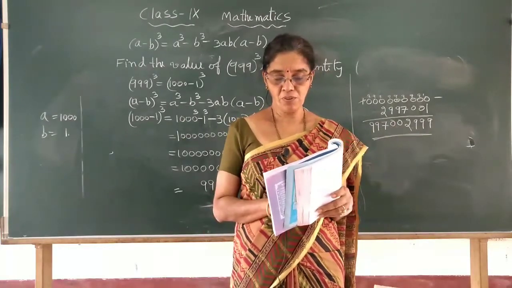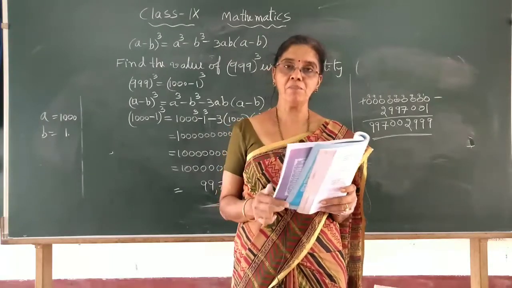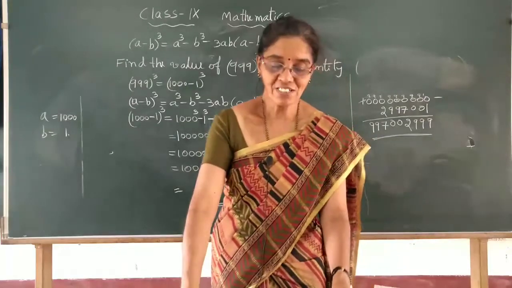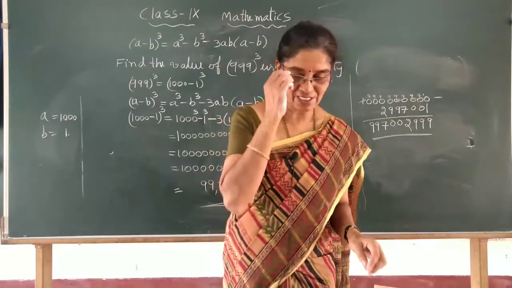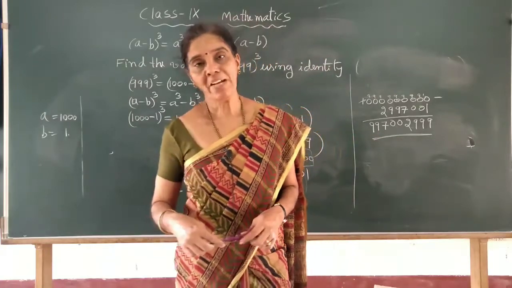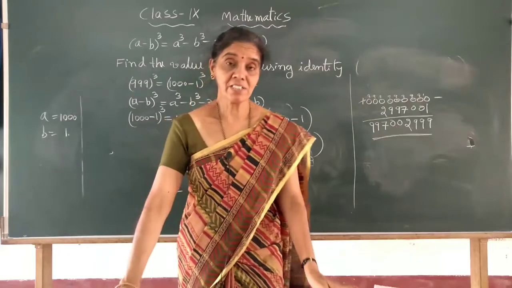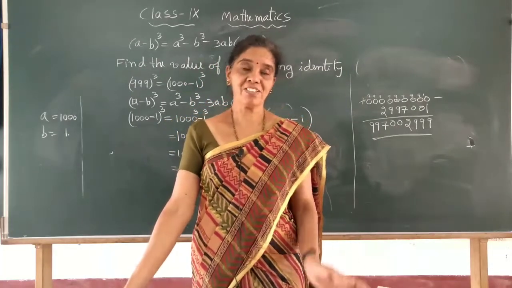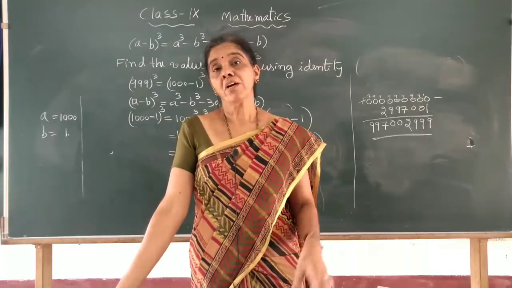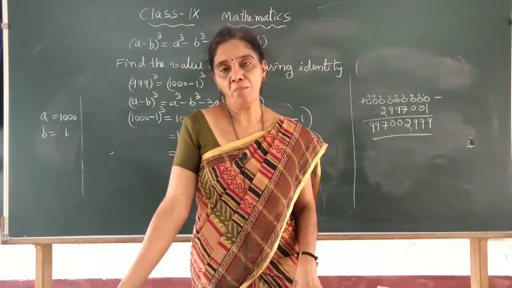Now, before we do the 8th problem from the exercise, it is the reverse of the identity we have used. They may give a cube plus b cube plus 3a square b plus 3ab square, or a cube minus b cube minus 3a square b plus 3ab square.